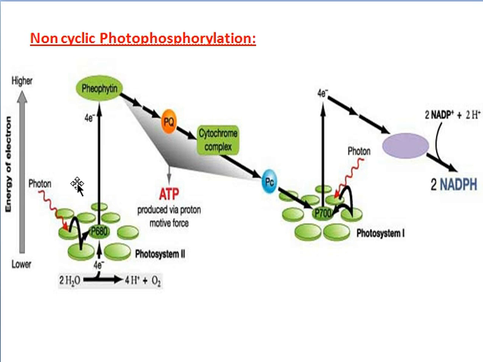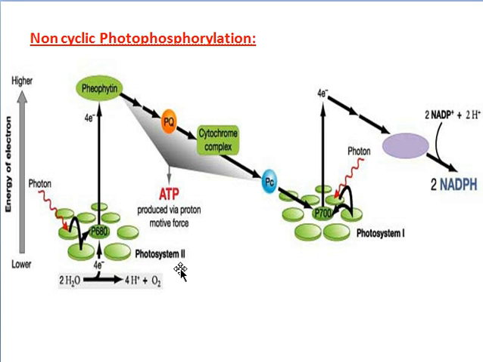Now if you see closely, this complex of molecules is known as the light harvesting complex. You can see this is a molecule termed P680. P680 forms the photocenter of this photosystem, which is known as photosystem 2.